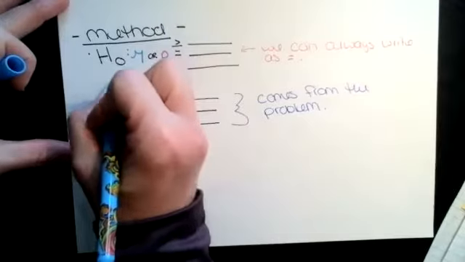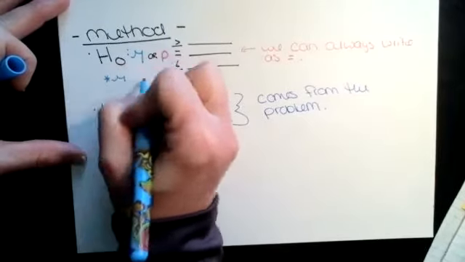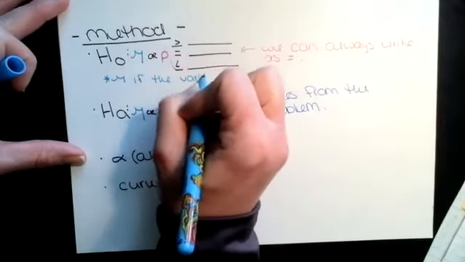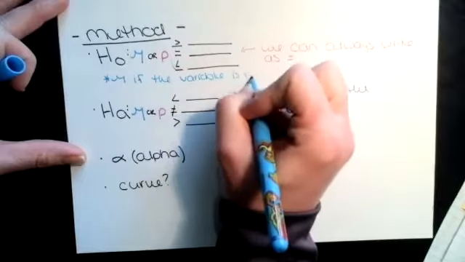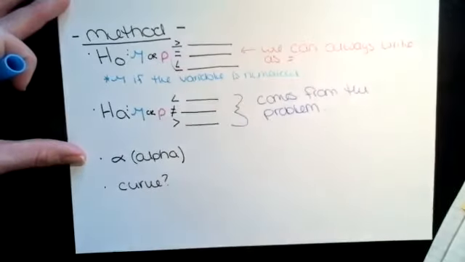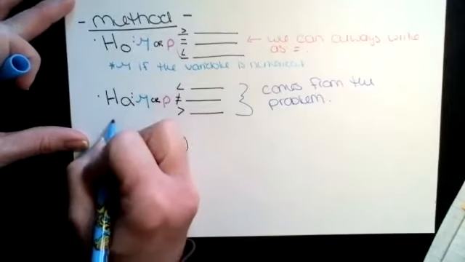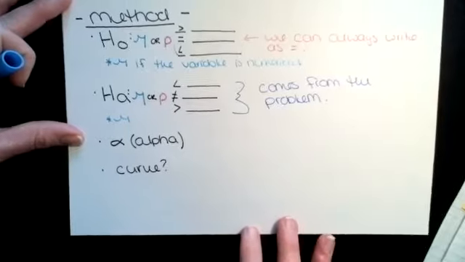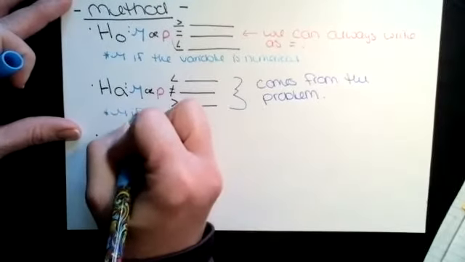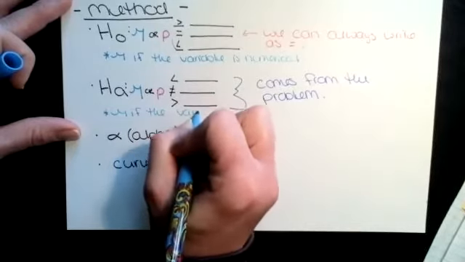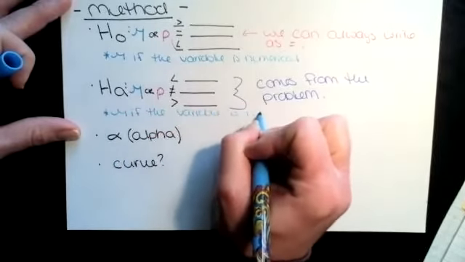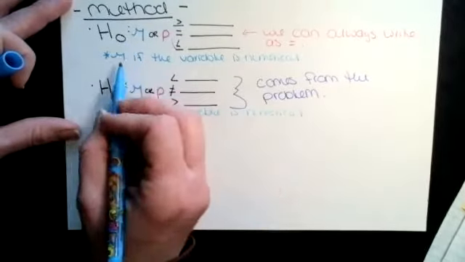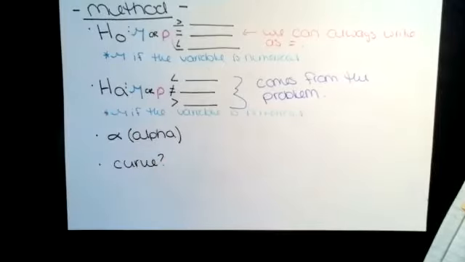So I will write in here mu if the variable is numerical. This is why it's important in our population step to recognize if our variable is categorical or numerical right off the bat. I'm just going to write it twice here just so it's clear. If I have mu in my HA, then of course it's going to be mu in my null, because my variable is going to be numerical or categorical.